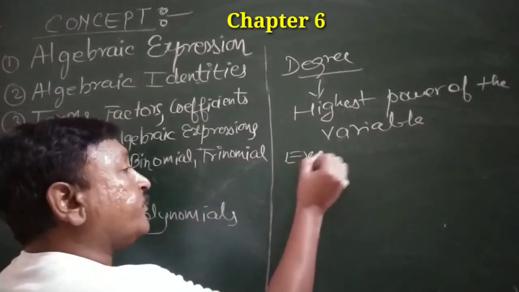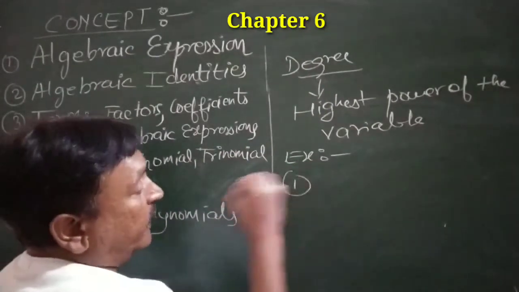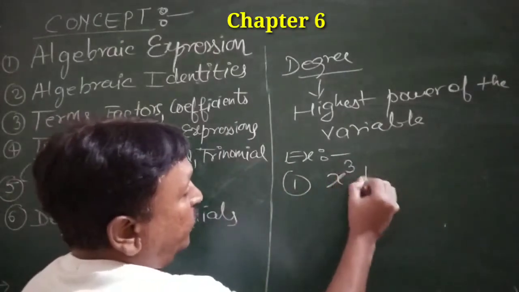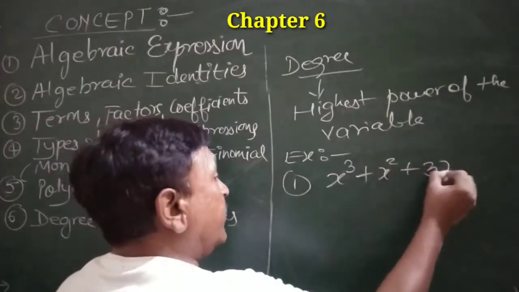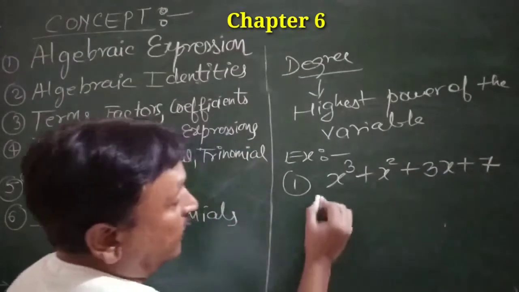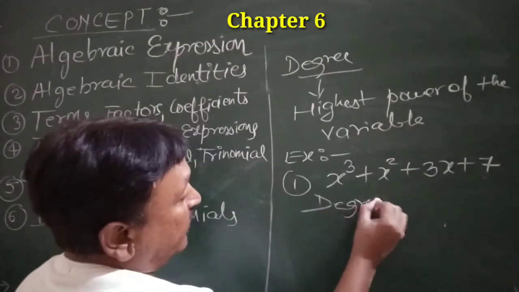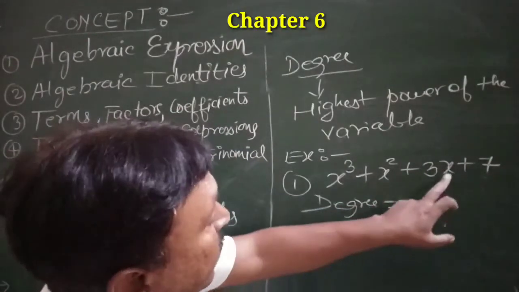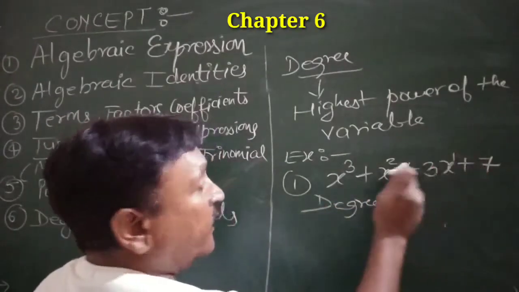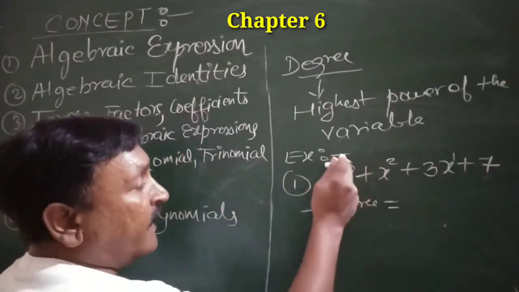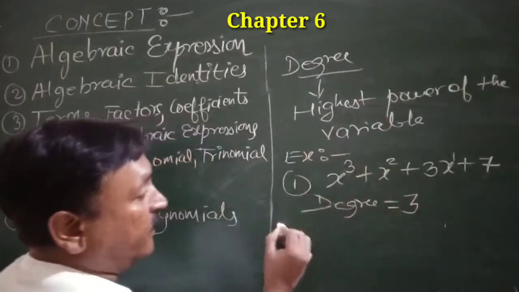For example, suppose it is written here x cube plus x square plus 3x plus 7. The degree of this expression will be, see the power of the variable: here is 1, here is 2, here is 3. 3 is the highest number, so the answer will be 3.